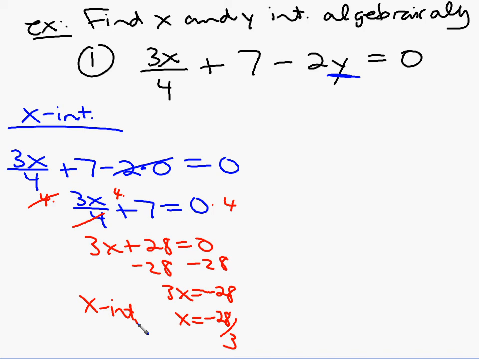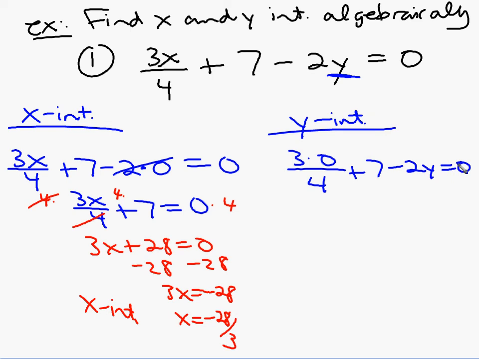Then you have to find the y-intercept. So to find the y-intercept, we set what equal to 0? The x. We're going to like this because it's going to make this fraction go away.